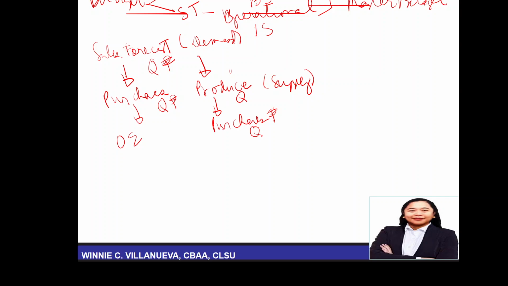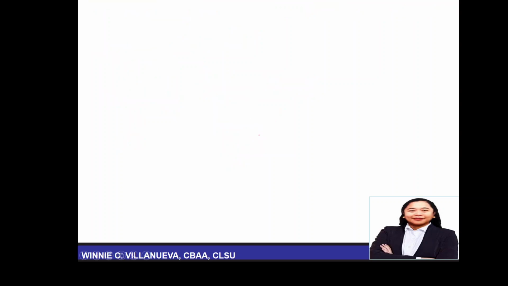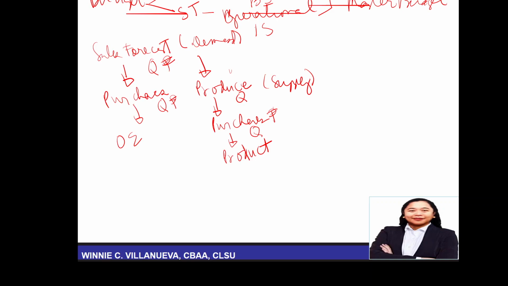Dito naman, syempre, you have to look at your product cost. Kasi, ano ba yung mga product cost nyo? Ano yung mga product cost nyo? Your product costs are DM, DL, and factory overhead.